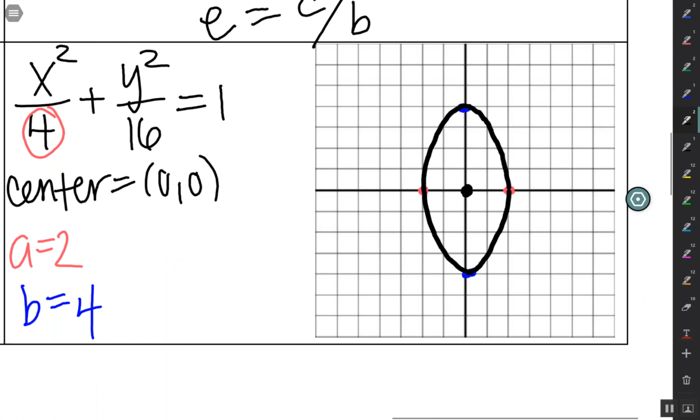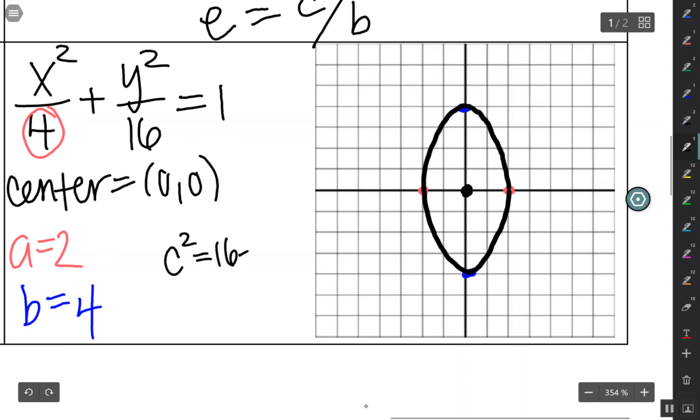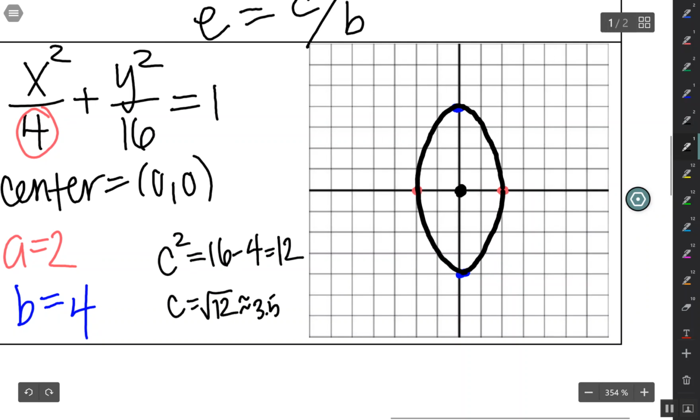Let's find our foci. So we're going to do c squared equals, and this time I'm not going to do 4 minus 16, I'm going to do 16 minus 4, which is 12. So we're going to take the square root of 12, and it's about 3.5-ish.